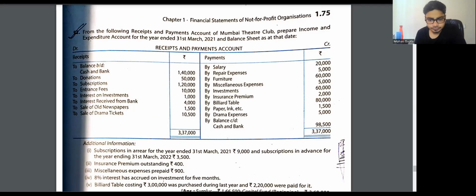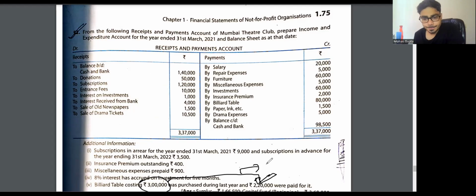But there is information saying that a billiard table costing 3 lakhs was purchased during last year, and 2,20,000 was paid for it. So we purchased for 3 lakh and we paid 2,20,000.